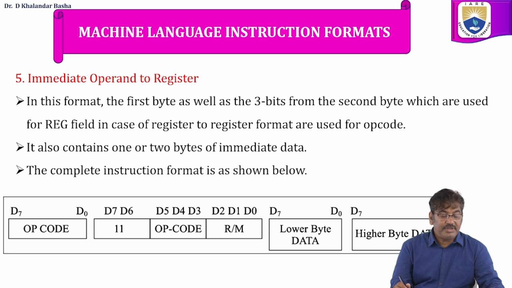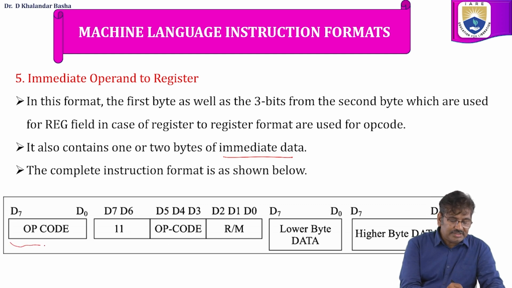The next type is immediate operand to register. In this format, the first byte as well as 3 bits from the second byte, which are used for the register field in the case of the register to register format, are used in the opcode. It also contains one or more bytes of immediate data because it is an immediate operand to register. The complete instruction format is shown in the figure below.